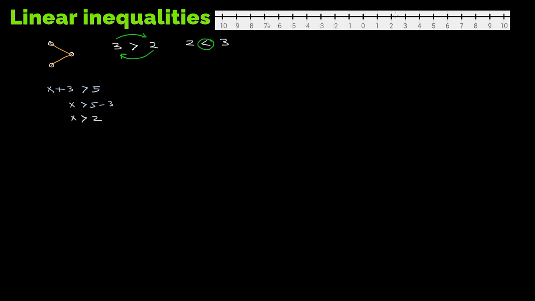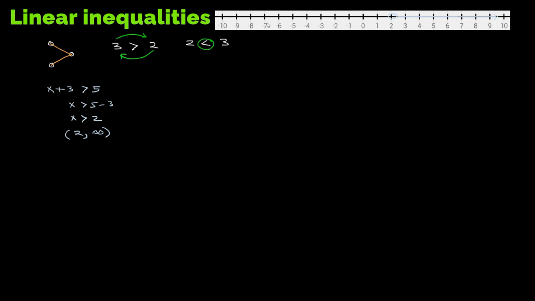We have an open circle because 2 is not included, and it goes all the way to positive infinity on the number line. Representing this in interval notation, we have round bracket 2, comma, positive infinity. And infinity, as I explained, always takes a round bracket, positive or negative.